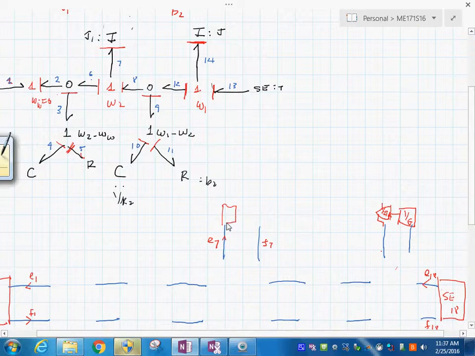So for this connection, let's say this one that is right here, hold on for a second.